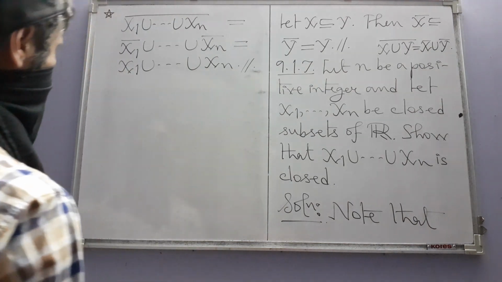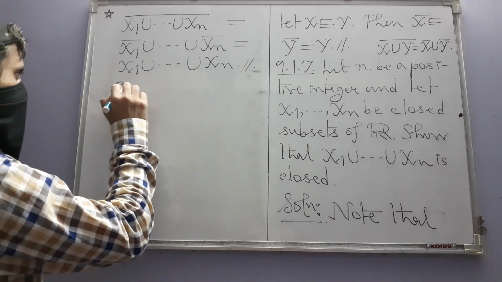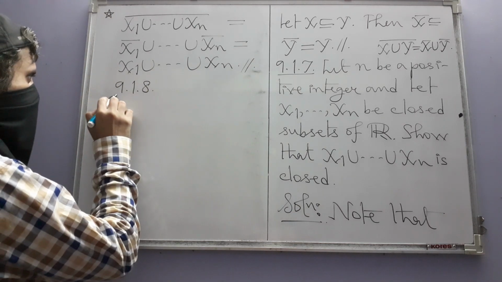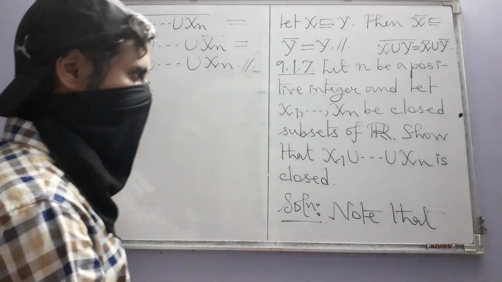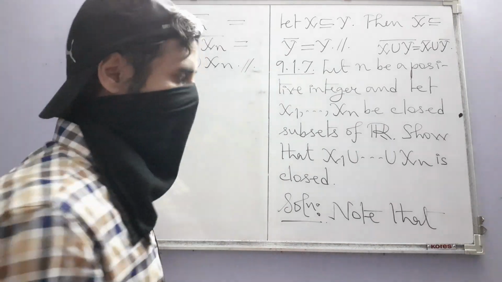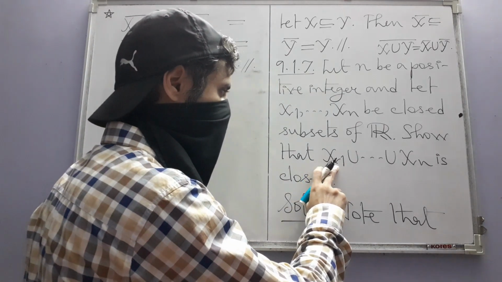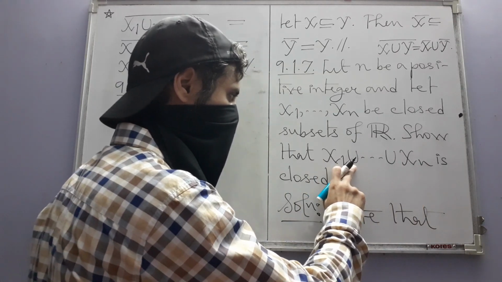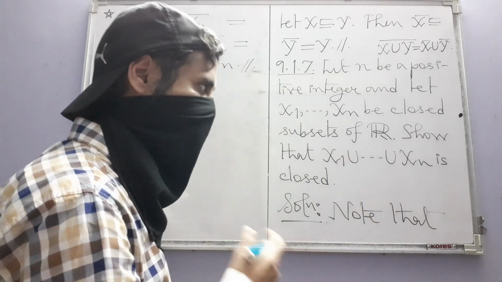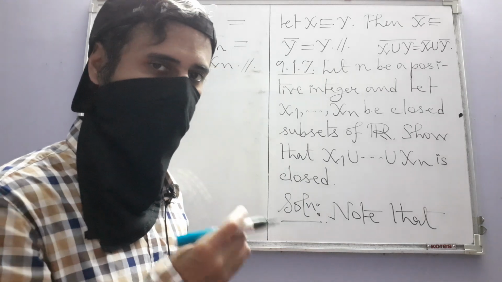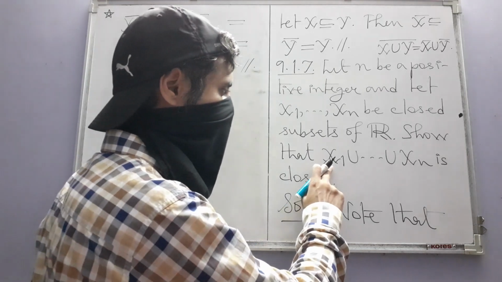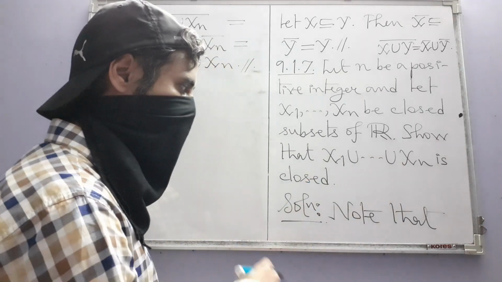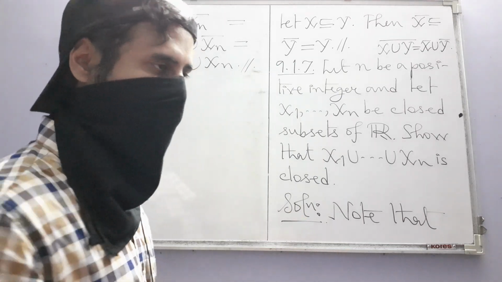And let us now see one more. When it comes to closed sets, they behave well under the formation of finite unions. That means if finitely many closed sets are there, then you can unite them and again you have a closed set.